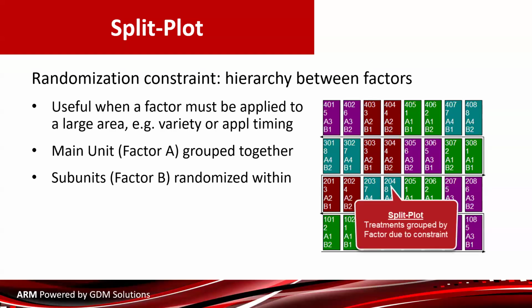I need to be able to drive the tractor down a range or a row, and then everything obviously is going to be that same variety. And then maybe my product that comes in, of course, I can spray by hand with much more flexibility. So one of the two factors is kind of really forced into a pattern.